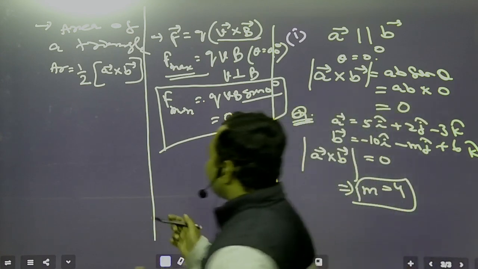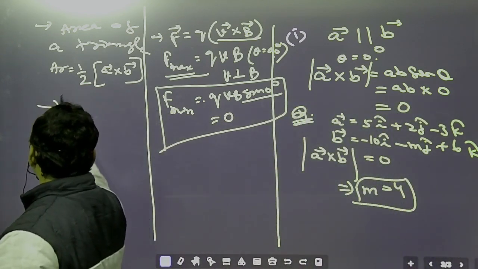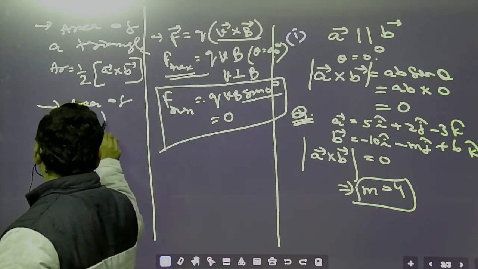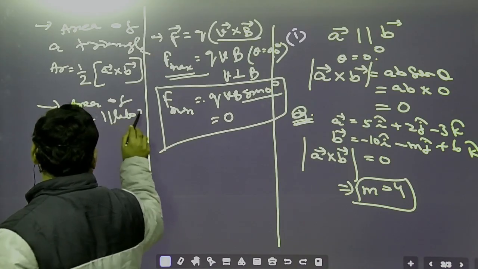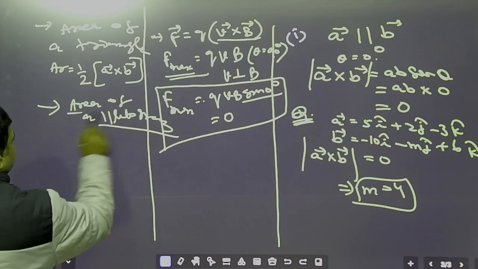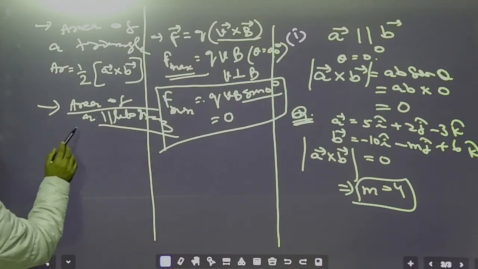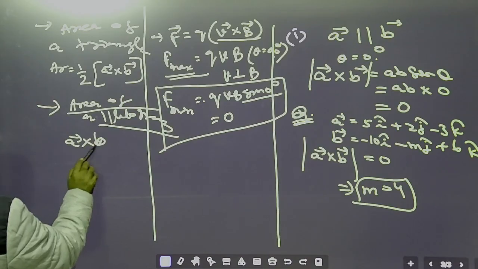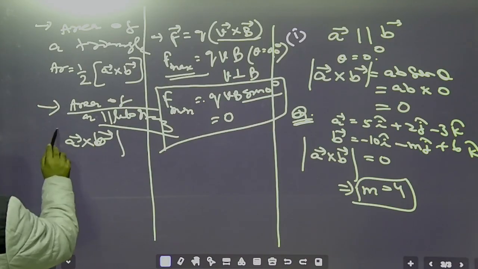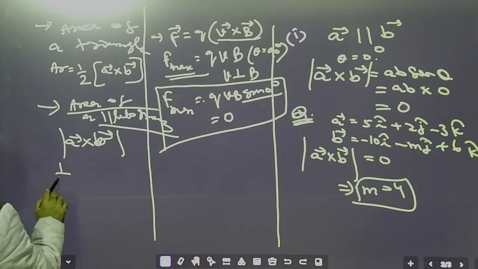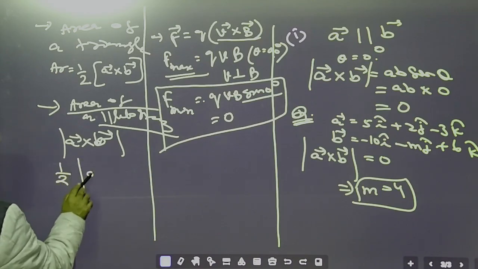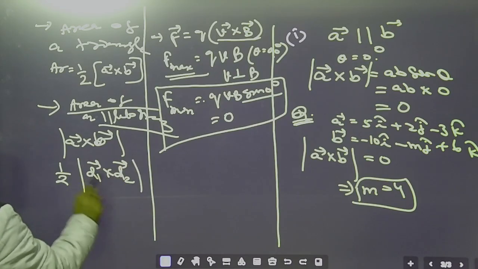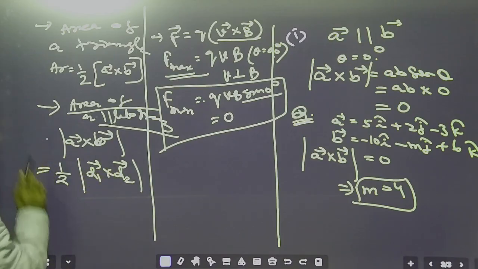If we are given the area of a parallelogram, what will we get? This will be equal to the cross product of the adjacent sides, or this will be half into the cross product of the diagonals, right?